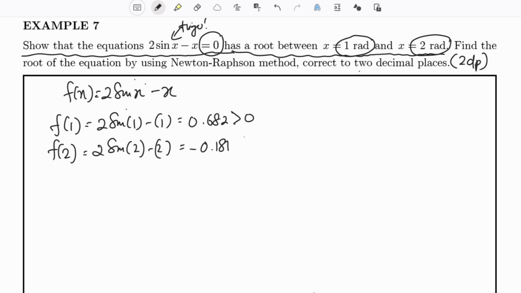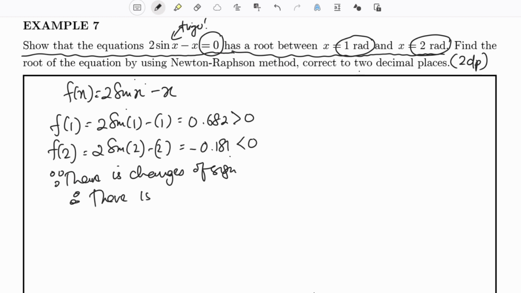This is greater than 0, this is less than 0. Since there is a change of sign, hence there is a root between 1 and 2 radian.